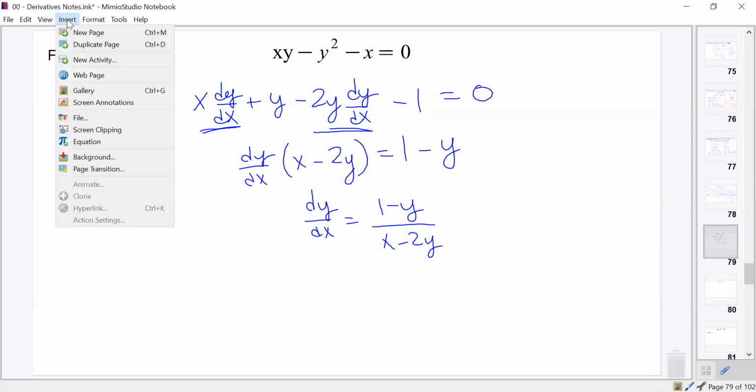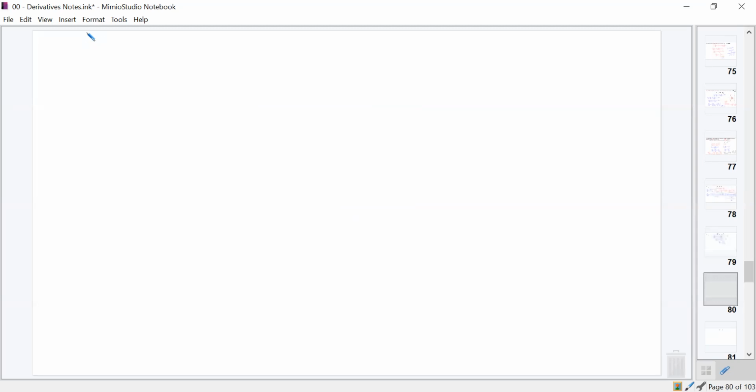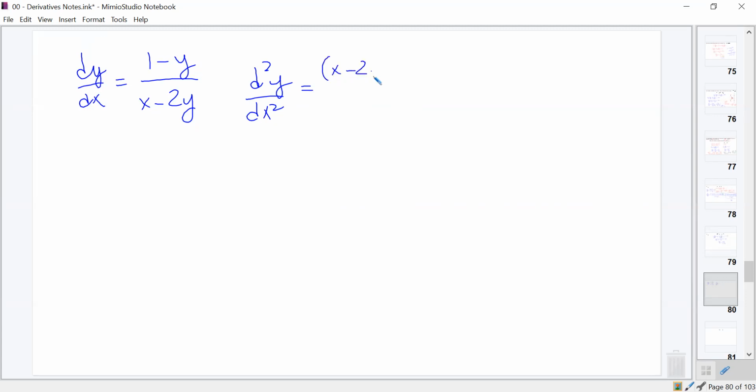we'll actually go to a second page here, just so we have a little more room this time. If dy/dx is (1 minus y) over (x minus 2y), then our second derivative needs to be found using the quotient rule. It should be the denominator times the derivative of the numerator, which is negative dy/dx.